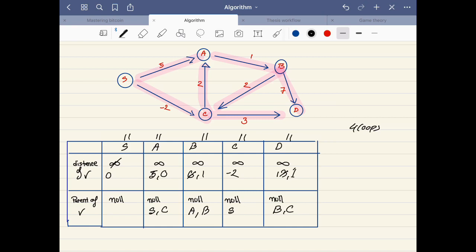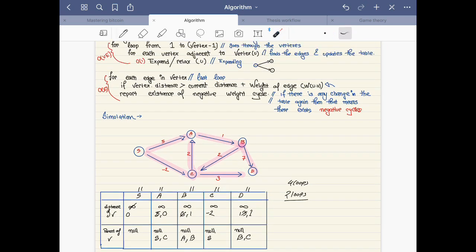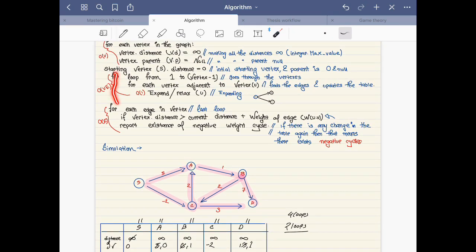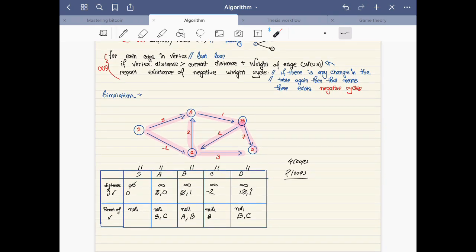So this whole thing is going to go for another 2 more loops, right? And from the graph you can understand that nothing is going to be changing anymore. So we are all done with this portion where nothing changes, and we have already updated everything in the table.